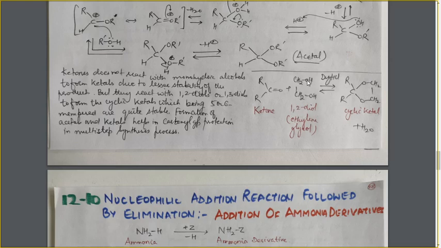One OH group on this carbon atom and second OH group not on this carbon atom, on the next carbon atom, then it will be 1,3-diol. It is a 1,2-diol. So ketones, they are reacting with 1,2-diols and 1,3-diols to form the cyclic ketals. वो cyclic ketal बनाते हैं, and these cyclic ketals being 5 or 6 membered, they are quite stable.